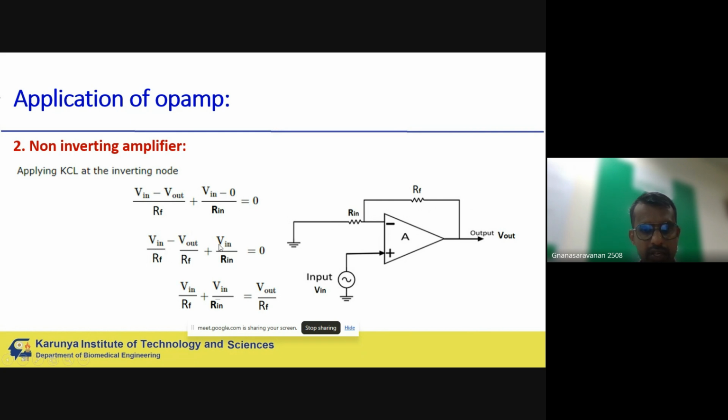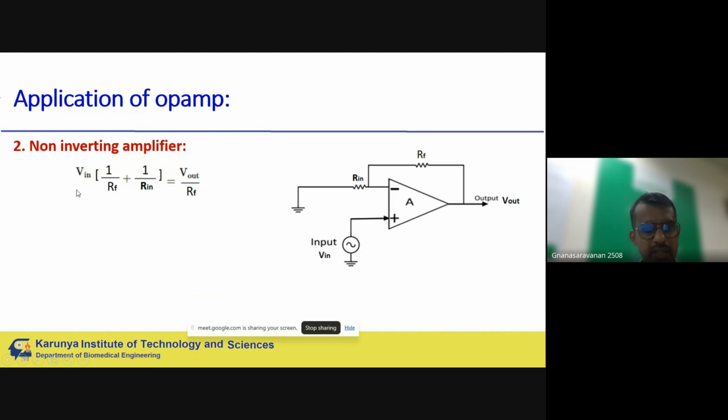Here you can see there are two Vin terms, Vin divided by Rf and Vin divided by Rin. And the minus Vout divided by Rf goes to the other side, becoming plus Vout divided by Rf. So Vout divided by Rf is equal to Vin, and the two can be commonly taken out. When we take it out, it becomes (1 by Rf plus 1 by Rin) is equal to Vout by Rf.